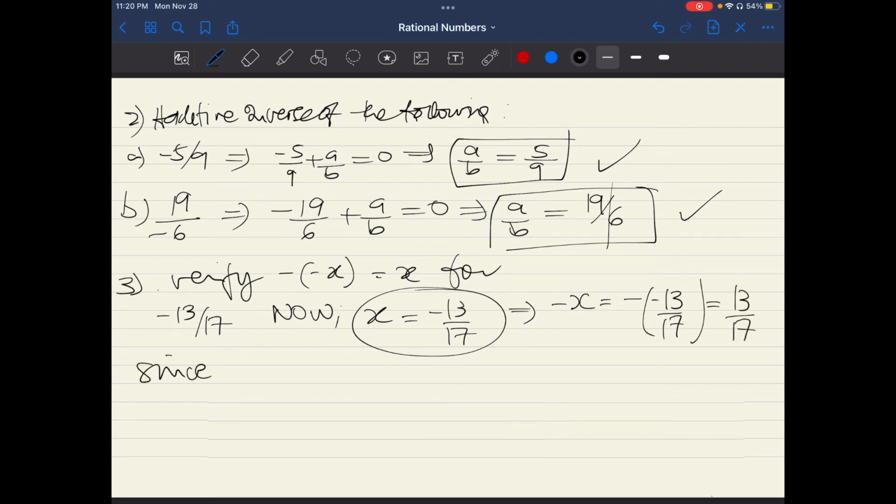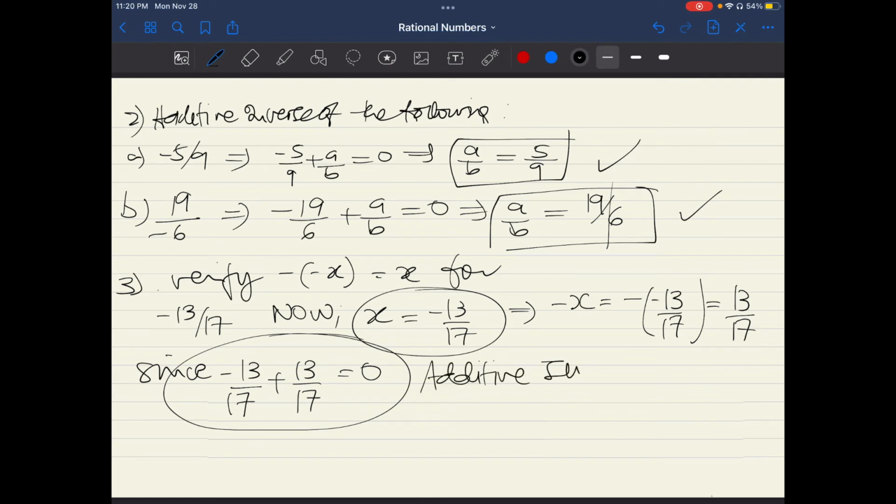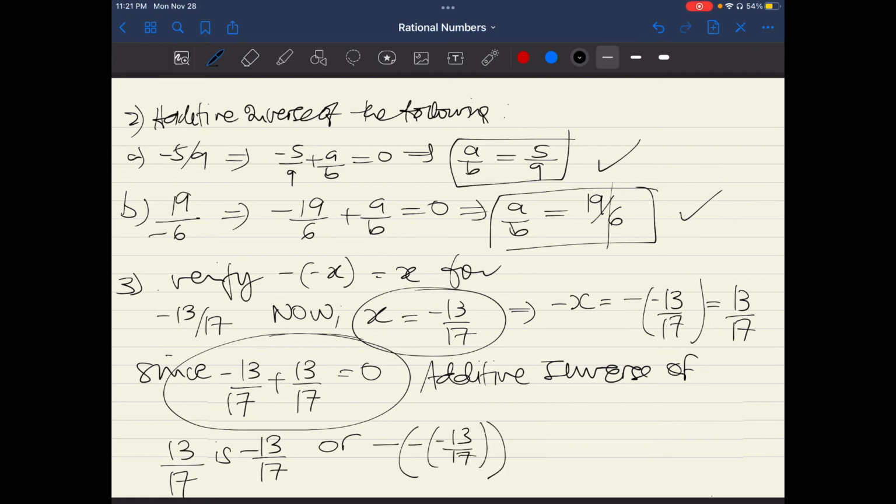And since minus 13 over 17 plus 13 over 17 equals 0, this equation shows us that the additive inverse of 13 over 17 is minus 13 over 17, or minus of minus 13 over 17, which implies minus of minus x equals x.